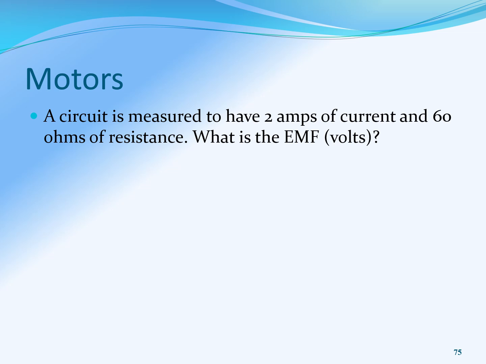First thing you want to do is grab those letters that we talked about: E equals I times R. By reading this problem again, we know that we have 60 ohms of resistance, so there's our R, and then you've got your amps, which is the I. We should be able to solve for E, or the volts. So let's plug those numbers in. You get 120, right? 2 times 60 equals 120.